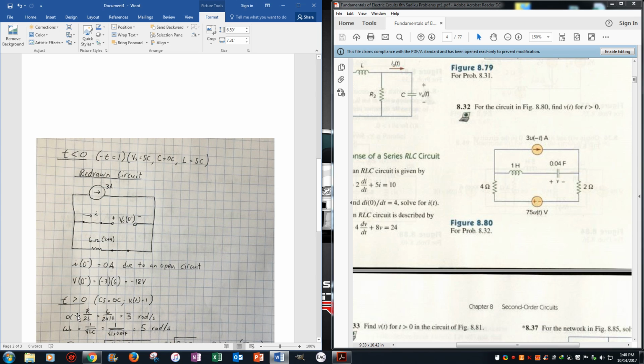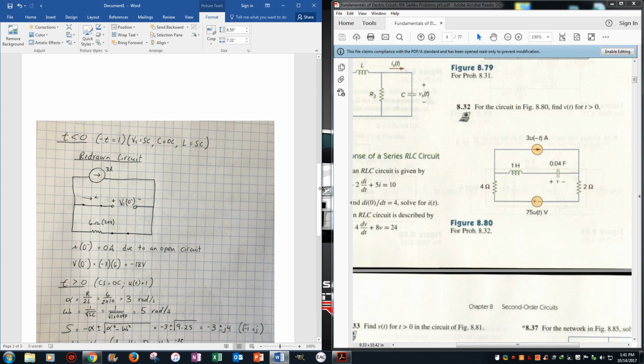The first one is R over 2L, which is the resistance 6 over 2 times the inductor, which is 1 henry, so it's just 3 radians per second. And we have 1 over the square root of LC, which is 1 over the square root of 1 times 0.04 farads, which gets you 5 radians per second.